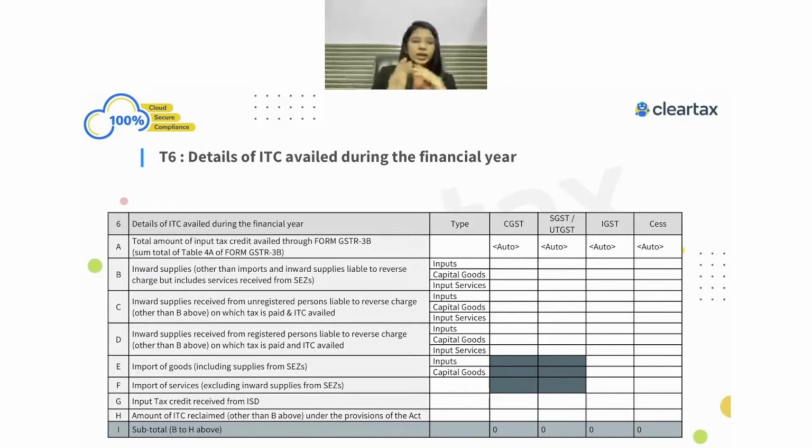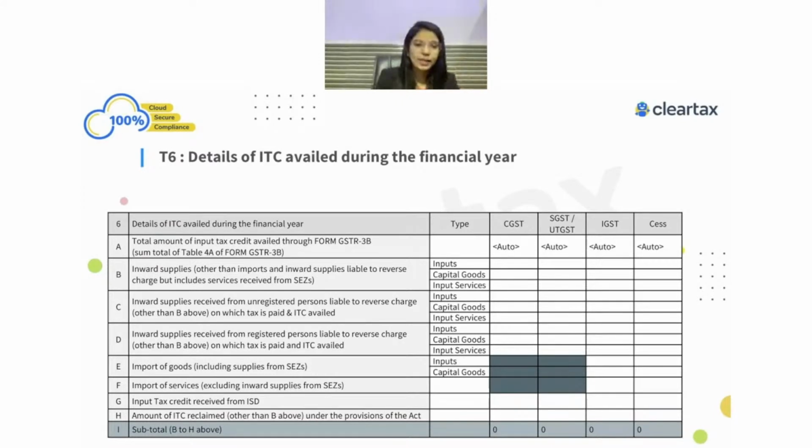Now, the information from 6B to 6H is nothing but a breakup of whatever value was coming in 6A. So from 6B to 6H, we are just showing the breakup of the value under 6A: out of this ITC, what was related to import of goods, what was the ITC related to reverse charge from a registered dealer, what was related to import of services, what was related to your purchases from an unregistered person under reverse charge.